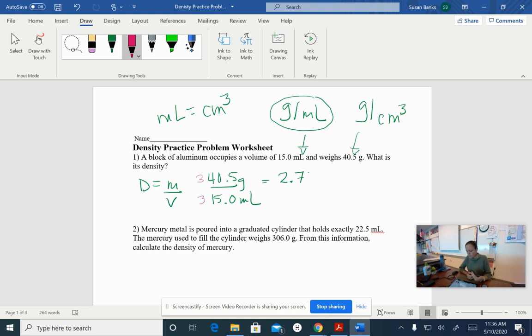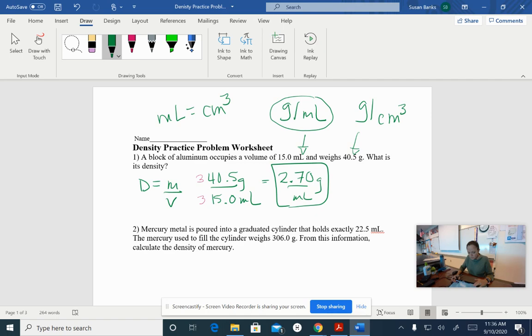So that means we should also be reporting 3. So what that really says to me is not just 2.7, it tells me 2.70 grams per mil. And if you look up the density for aluminum on Wikipedia or any chemistry page, you will find that aluminum has a density of 2.70 grams per mil.